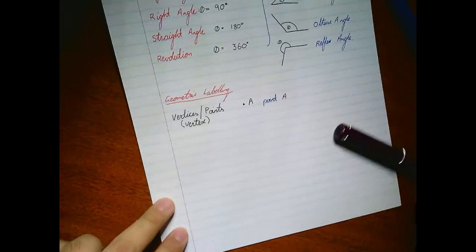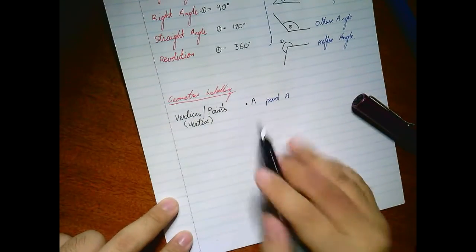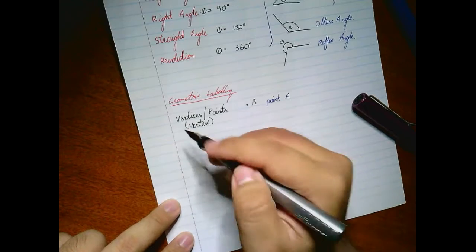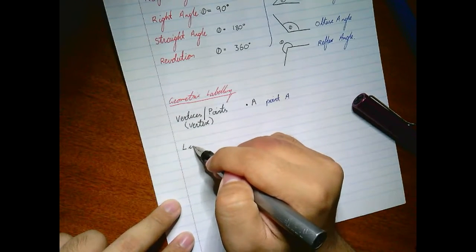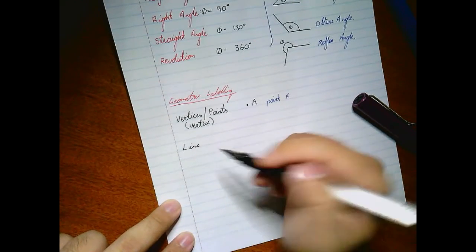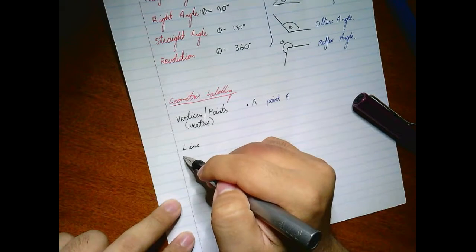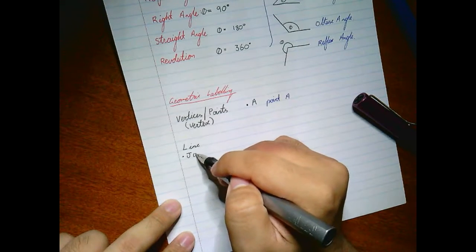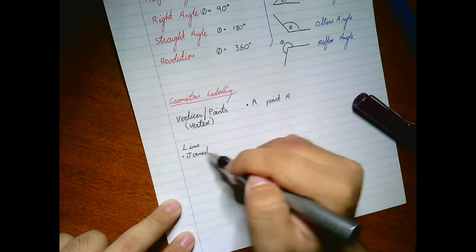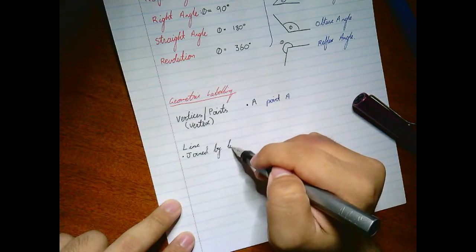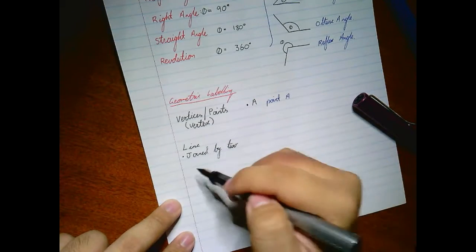If we have two vertices, we have a line. Lines are joined by two vertices.